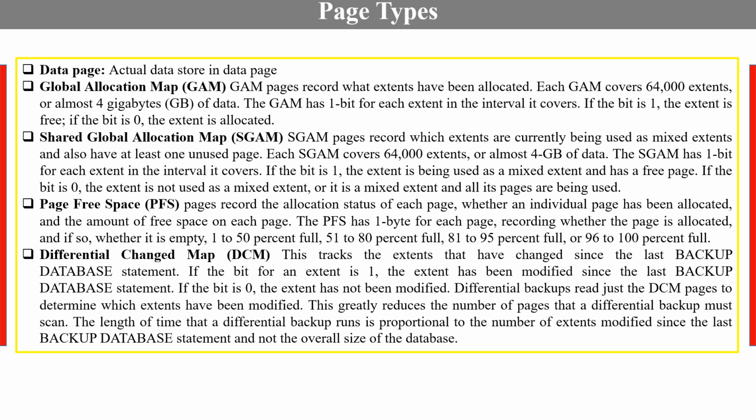Assume I created one object, the employee table, and for that employee table, 1,000 data pages are created. Out of all 1,000 pages, how much free space is available will be tracked by the PFS. A PFS page will track the data pages' free space info completely.